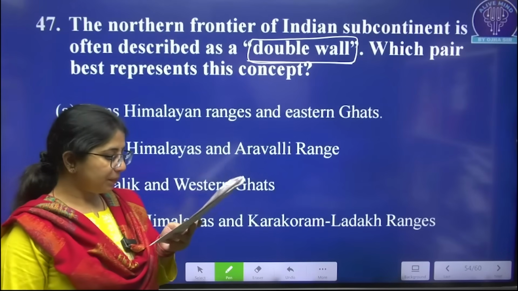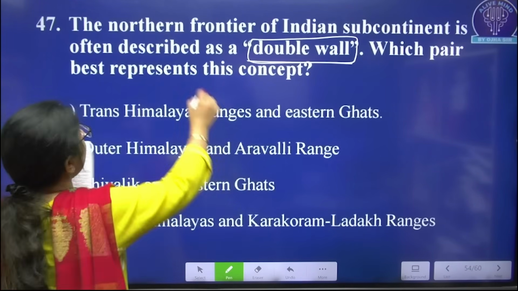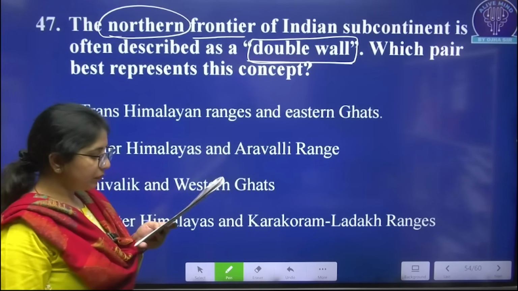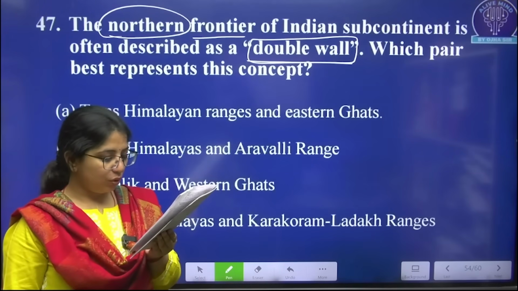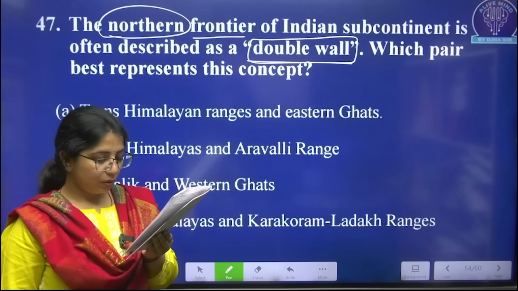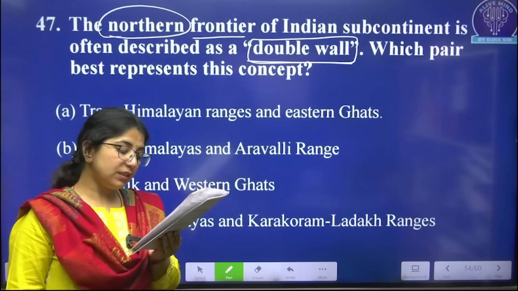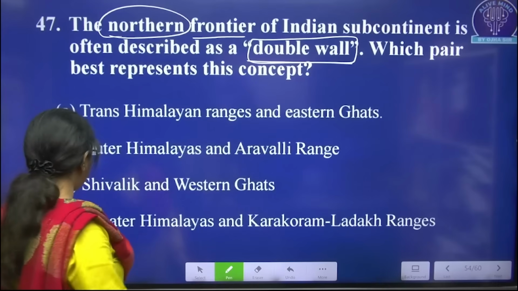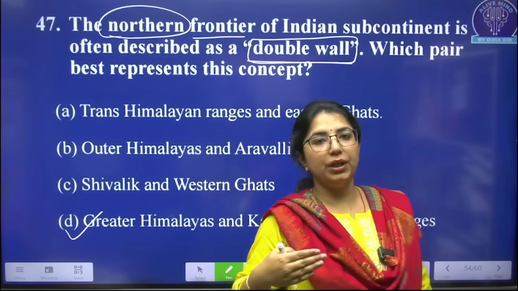The options are, just note down, they have written northern frontier. Trans-Himalayan ranges and Eastern Ghats? No. Outer Himalayas and Aravalli range? No. Western Ghats and Shivalik? No. Greater Himalayas and Karakoram Ladakh ranges. The answer is D. Those which act as a double boundary.